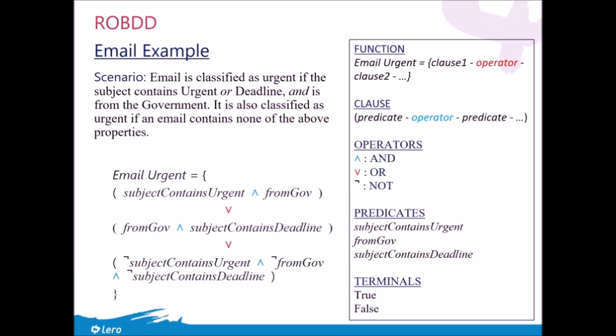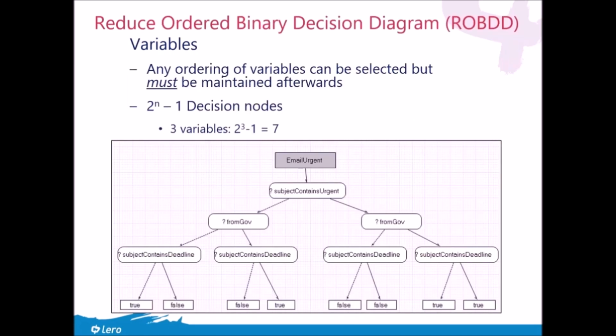And now we have our final function with our three clauses. We can now begin the construction of our binary decision diagram. Any ordering of the variables can be selected but must be maintained afterwards. So again, we have 2 to the power n minus 1 decision nodes, so we're going to have 7 decision nodes.